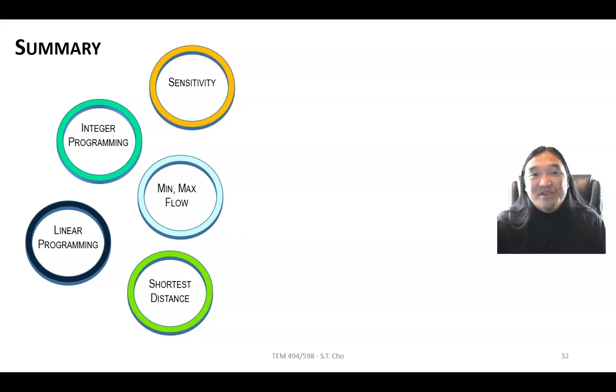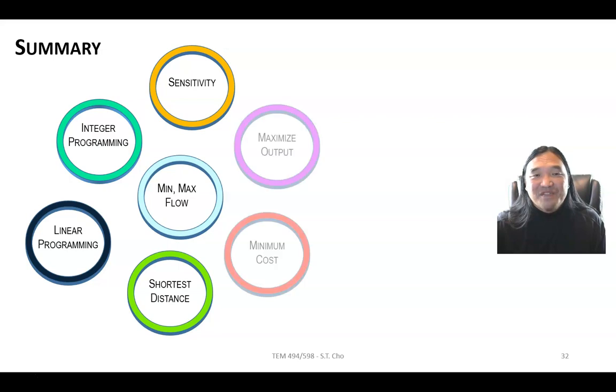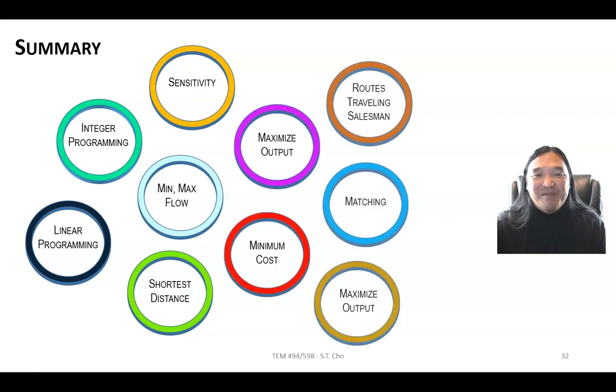Then we went on to talk about sensitivity from those tables, min-max flow, shortest distance, maximum output, minimize costs. The salesman problem, we talked about matching from some of those other algorithms and maximizing the output. So as you can see, we covered a good number of topics, but all of those are things that you're concerned with when you're doing data analysis.